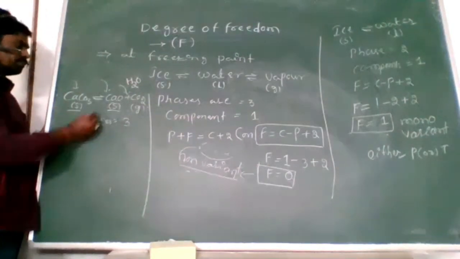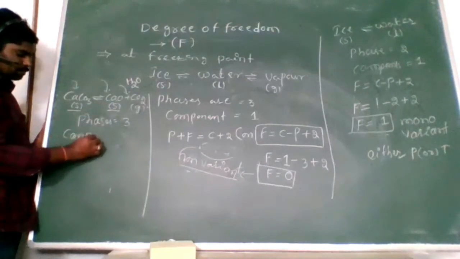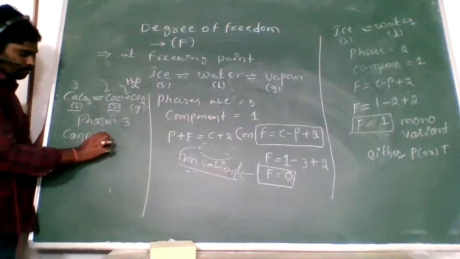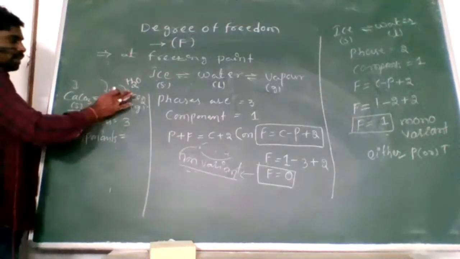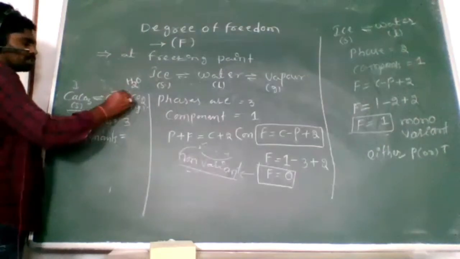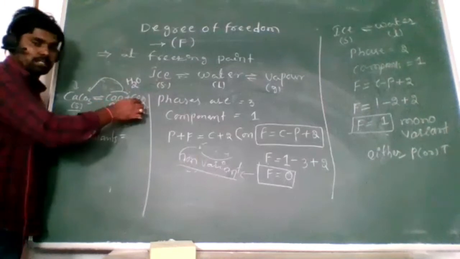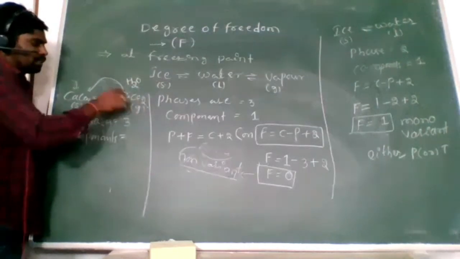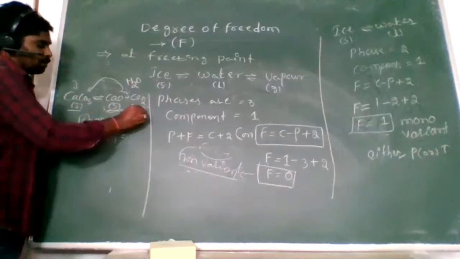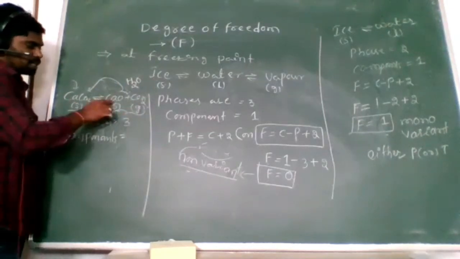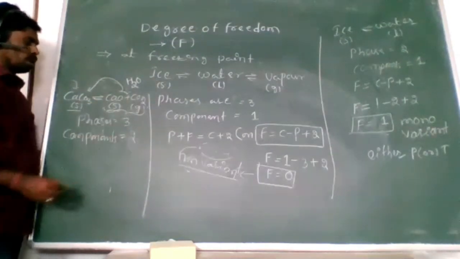Right now, how many components are there here? When calcium oxide and carbon dioxide combine together, we get calcium carbonate. So these two are the components, calcium oxide and carbon dioxide. How many components? 2 components.